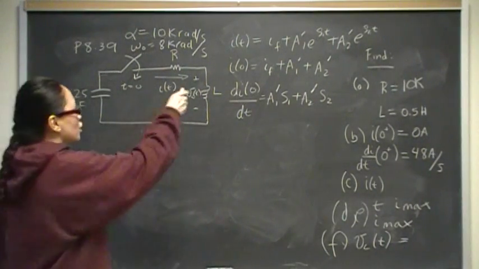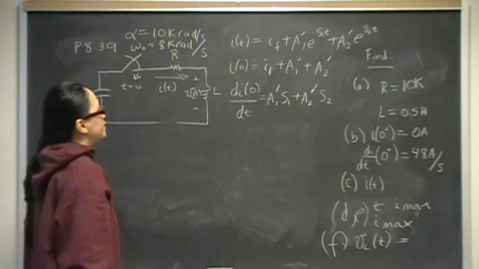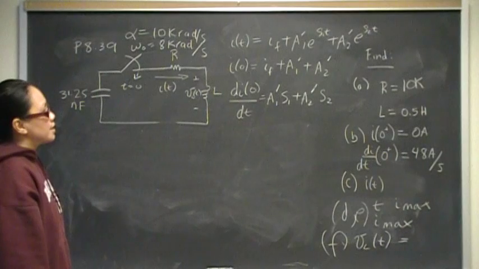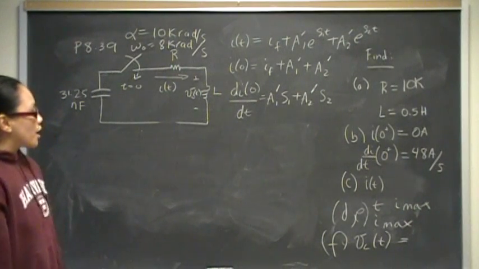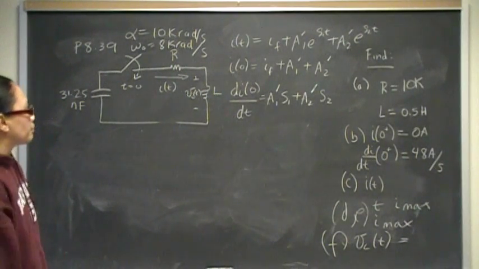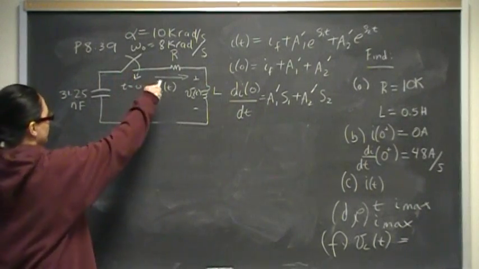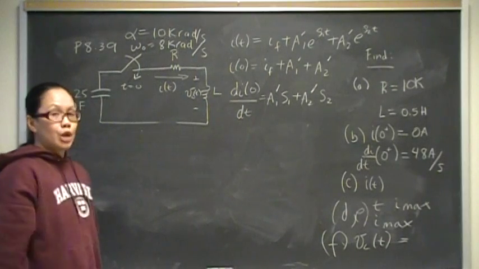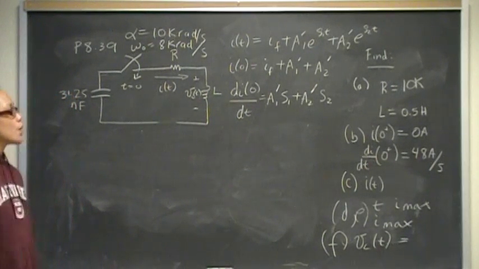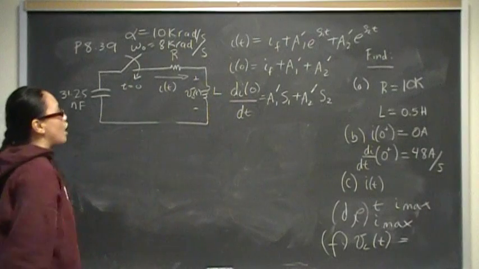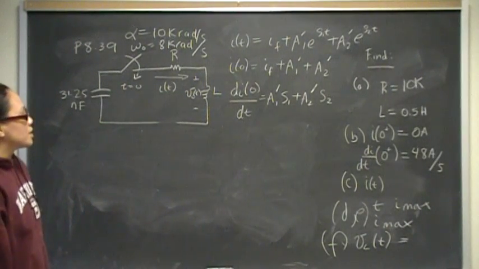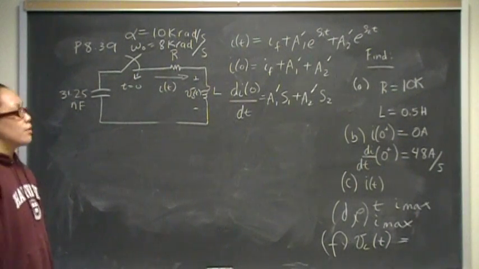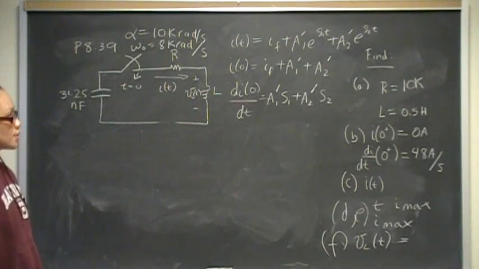So let's look at the general equation itself. It's saying that it's equal to the final current plus A1 prime times e to the S1t plus A2 prime times e to the S2t. Notice that once the switch closes, we are not connected to any independent power sources, so everything is going to dissipate, and ultimately at time equals infinity, the current through the inductor will go to 0, and the voltage across the capacitor will also go to 0.